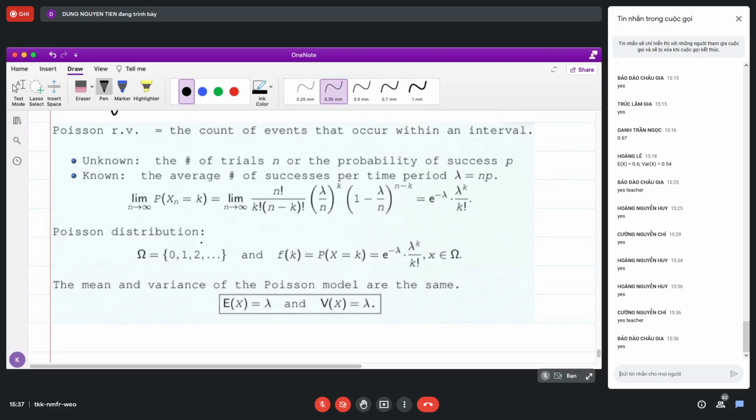For example, you can use a Poisson distribution to describe the number of cars across the street every minute, or you can use it to count the number of photons arriving at the telescope every minute. So you can come up with the following applications of Poisson distribution.